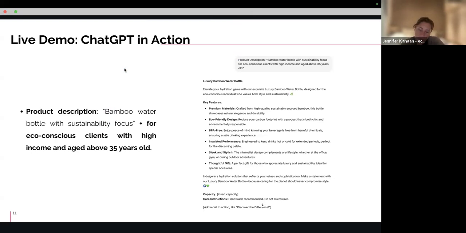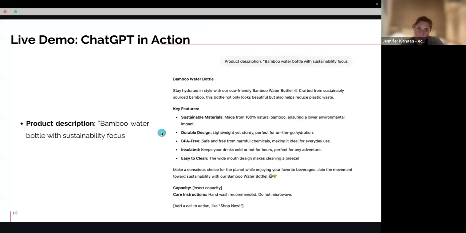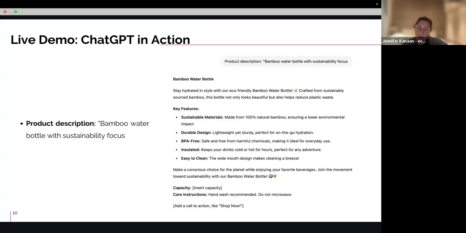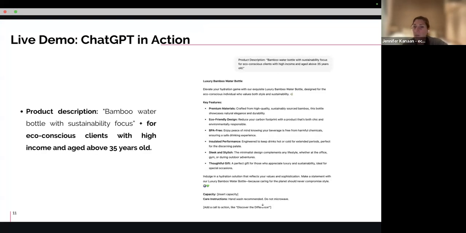And in the key features, it uses now premium materials instead of sustainable materials, because it knows that people with high income will focus on premium more than sustainable. Eco-friendly design other than durable design, because psychologically this makes a different impact.